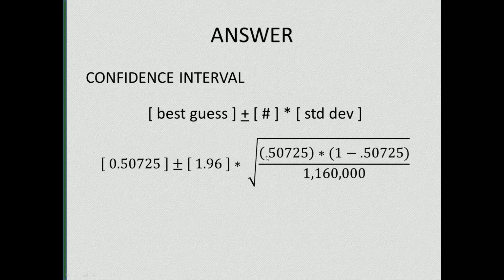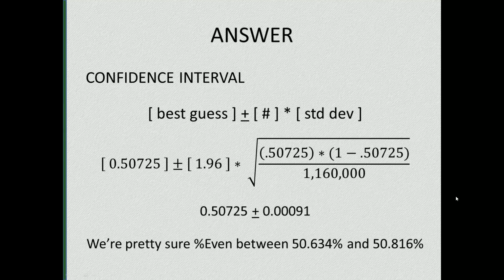We don't have any hypotheses to rely on here. P, 1 minus p over this many die rolls gives us a confidence interval. Basically, we're pretty sure that the chance of getting an even number on these inexpensive dice is somewhere between 50.6 and 50.8%. Don't know exactly what it is, but we're pretty sure it's somewhere in that range.